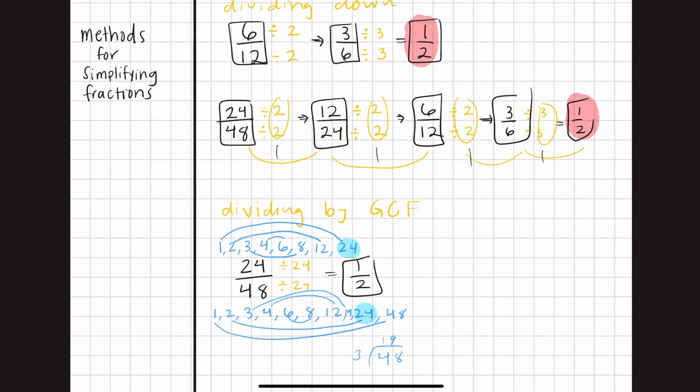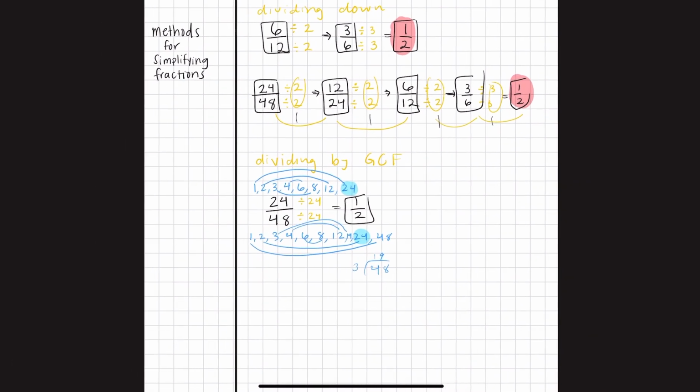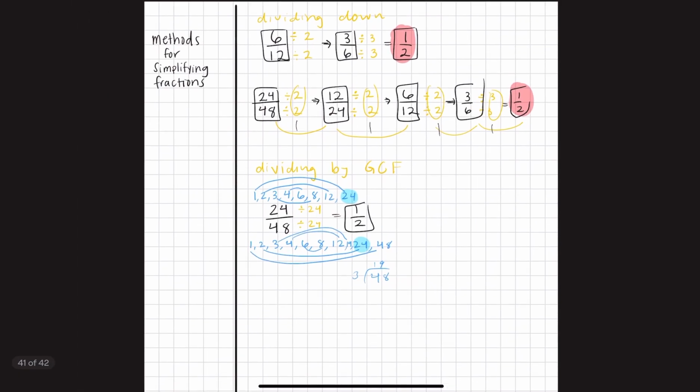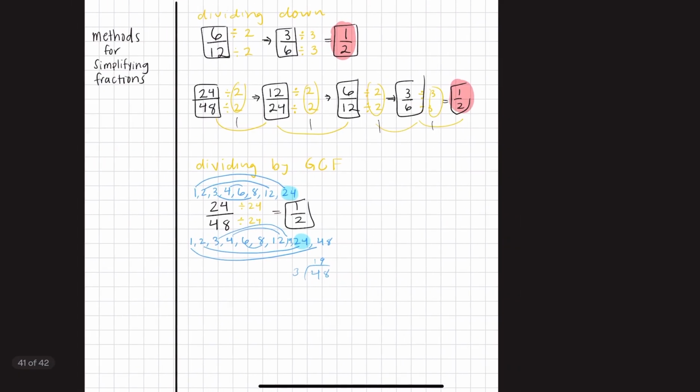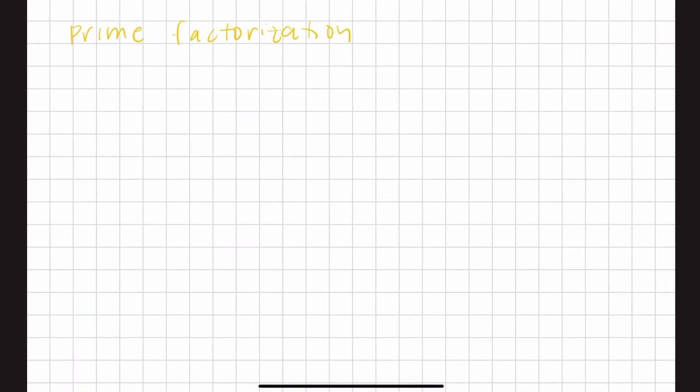Which brings us to our last method, and this one is actually one of my favorite methods of simplifying fractions. It will seem a little ridiculous at first because it's really long, but it's called prime factorization. And this is, for example, when we have larger fractions where maybe we're not too familiar with the factors of that number.